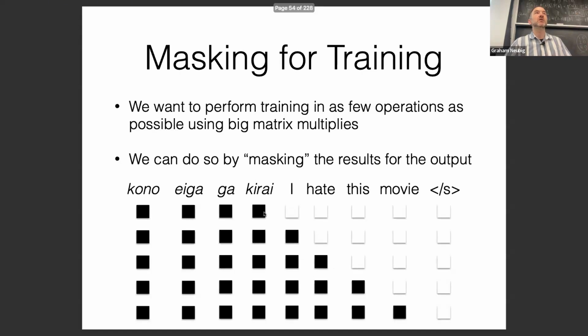And the reason why this is good, and actually one of the big advantages of attention-based models over RNN-based models, is that in RNN-based models, in order to calculate the next output, you need to calculate all the way up to the previous one. So you basically need to have a for loop that steps one by one through the outputs.